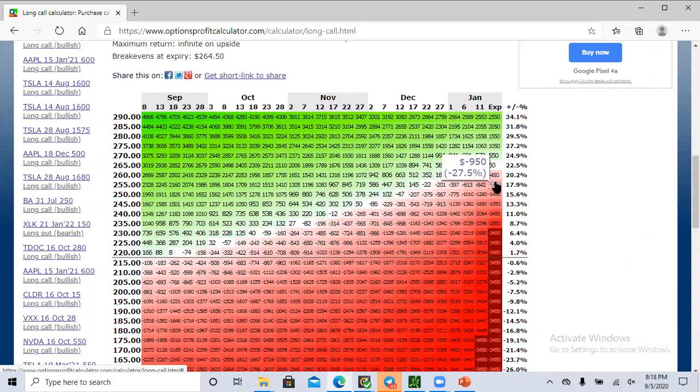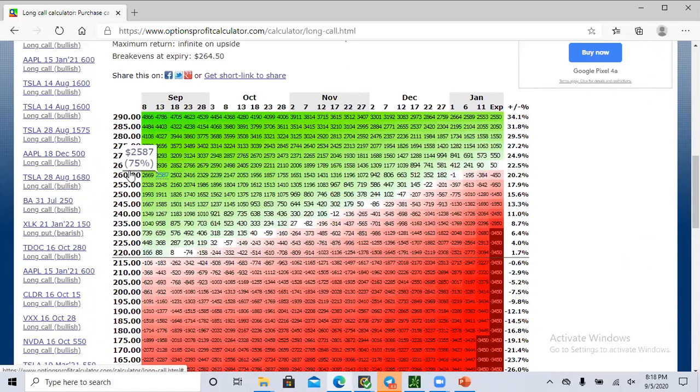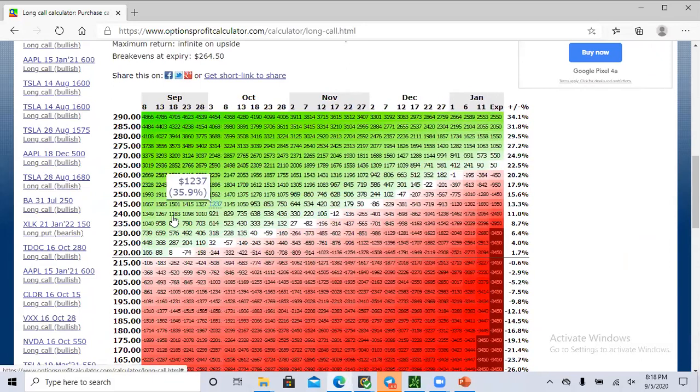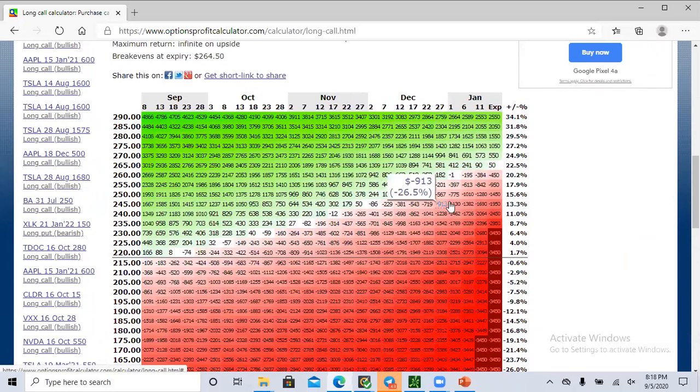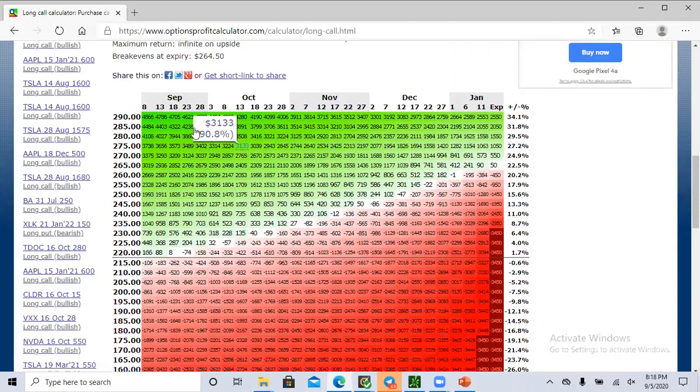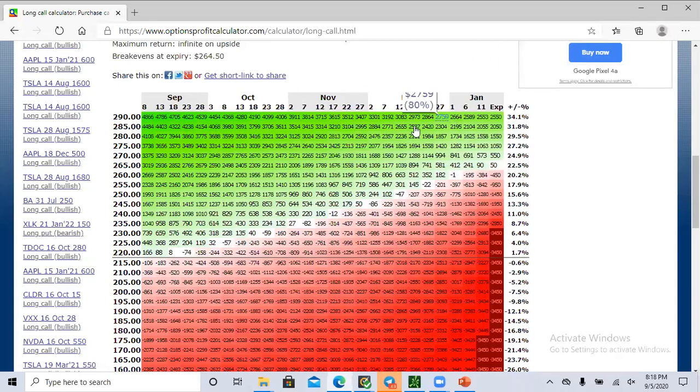If you wait to the expiration, it's got to get to 265 for you to get some money. It's got to get to like 290 for you to get the profit that you really want. Because I'm sure you're not going to want to hold it for 6 months and only get $50 or $550. You could have done way more with your time to get $500 than holding the contract for that long.